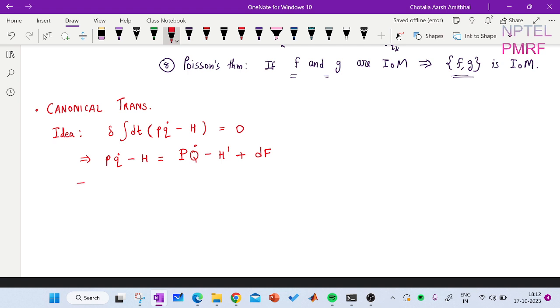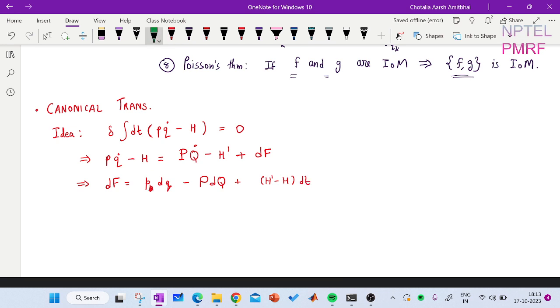Okay, so the dF becomes p dq minus P dQ plus (H prime minus H) dt, right?